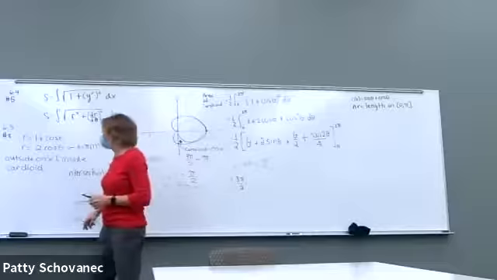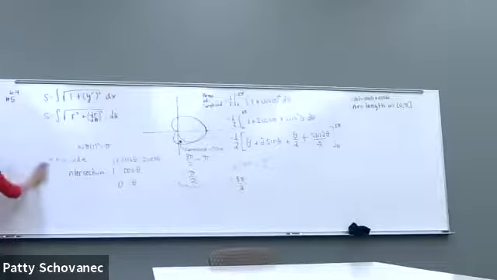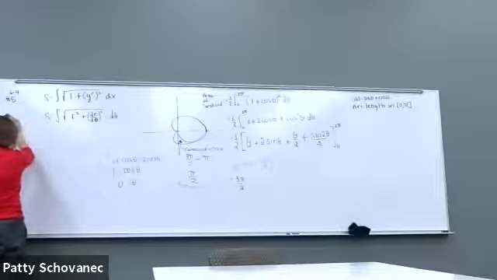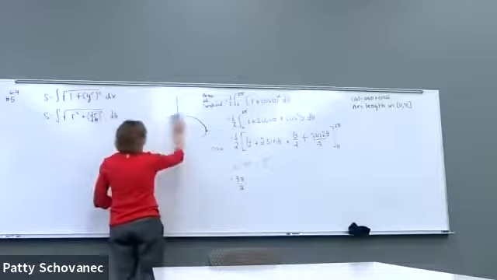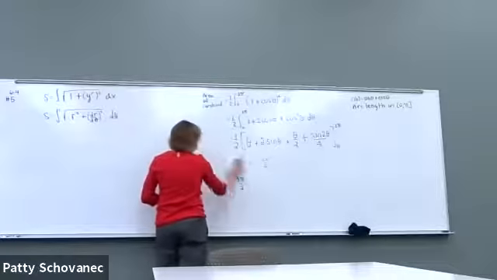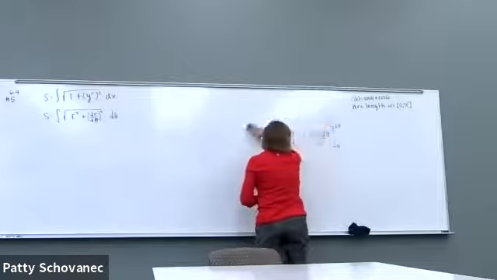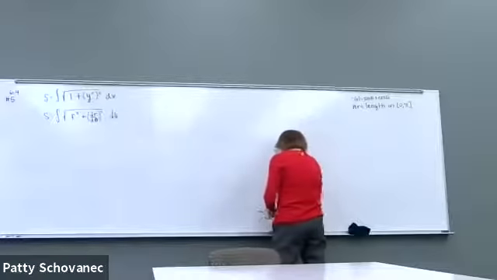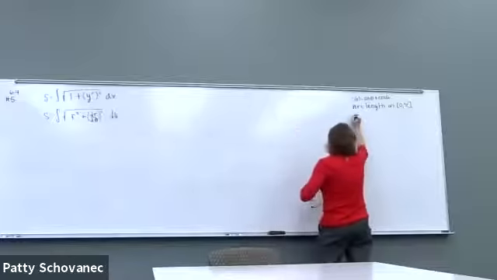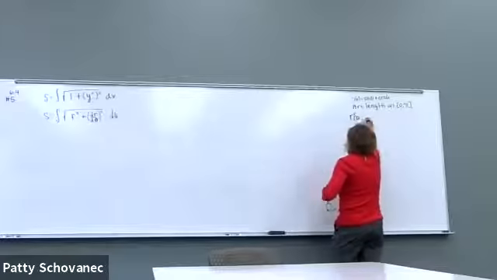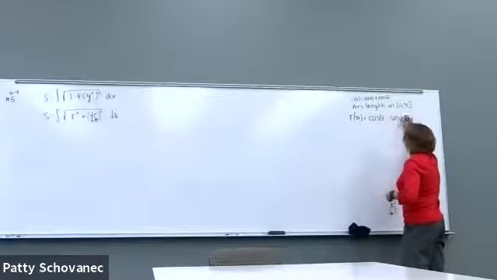Let's go ahead and get r prime. So r prime looks like cosine of theta minus the sine of theta.